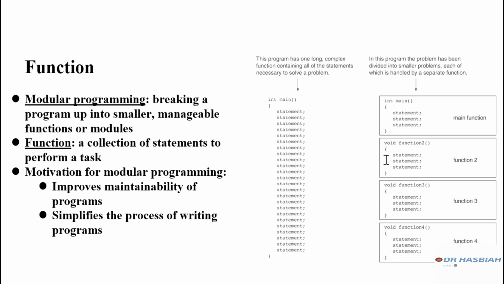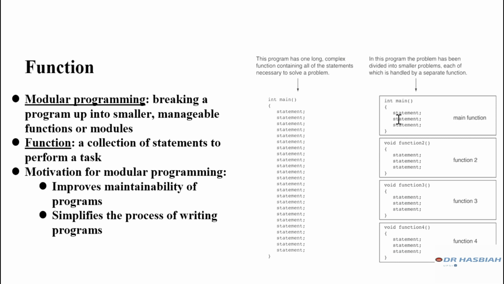We create a function according to its task. For example, you want to put all the input statements in function 2. So function 2 is the input function, function 3 is the process function, and function 4 is the output function. So you have input, process, and output.